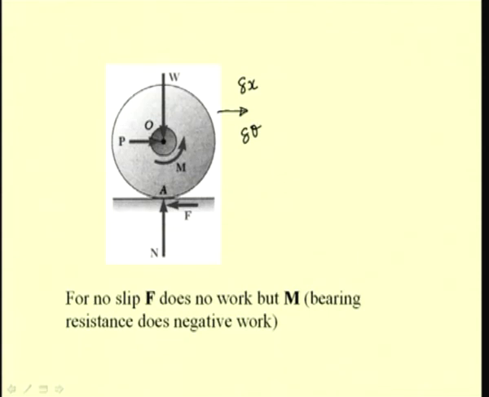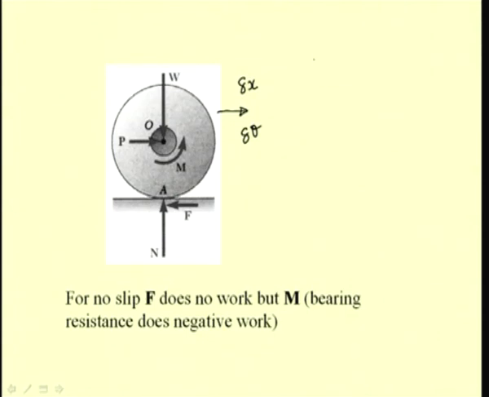For a virtual displacement delta x, it is possible to find this virtual angular displacement delta theta if we know the radius of this wheel. Then we get the relation between delta x and delta theta. So, again this is a single degree of freedom system.